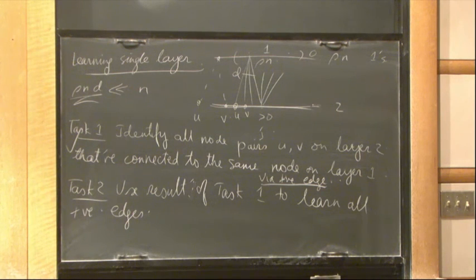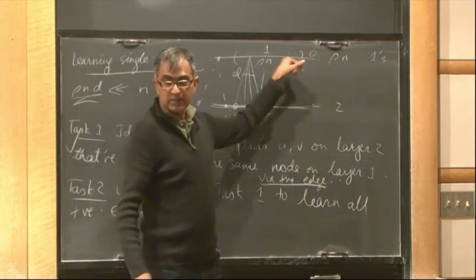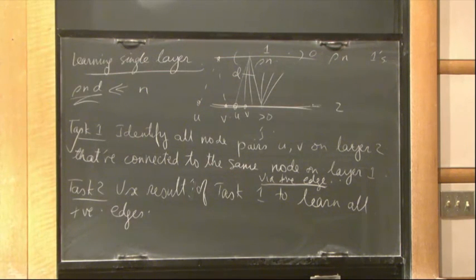In a multi-layer setting, this assumption that the assignment is random is not true, because there will be some correlations, obviously. But these correlations arise because of common neighbors, common ancestors somewhere up. Maybe two nodes don't have a common neighbor here, but one of these nodes has a common neighbor.